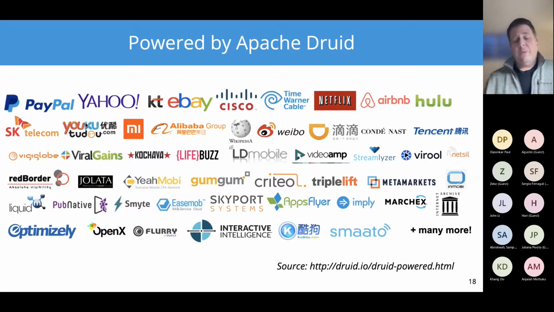So we're really proud about the community we've built. You can see all these companies here use Druid. There's one on the right-hand side, about halfway down, called Metamarkets. That's where Druid was actually created. They're in the advertising, ad tech market.